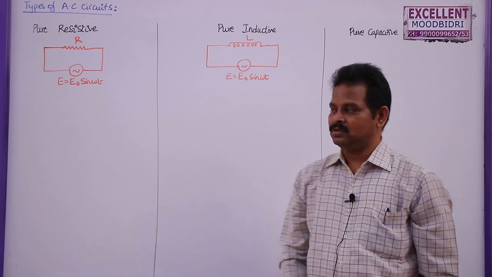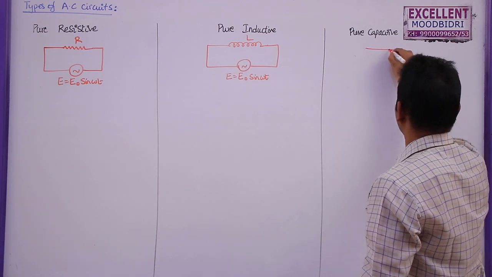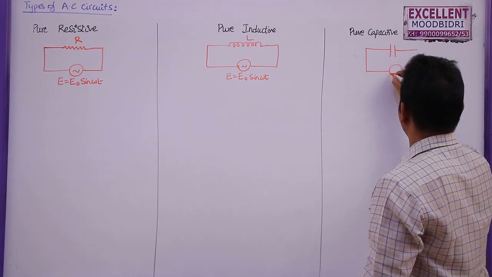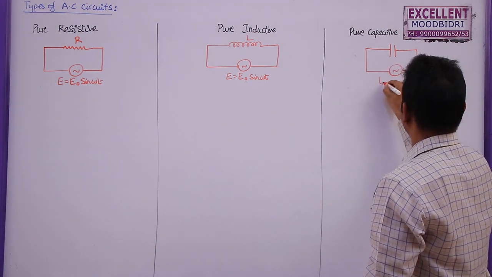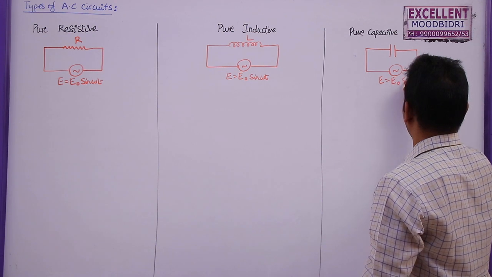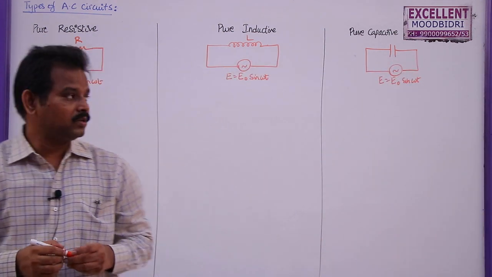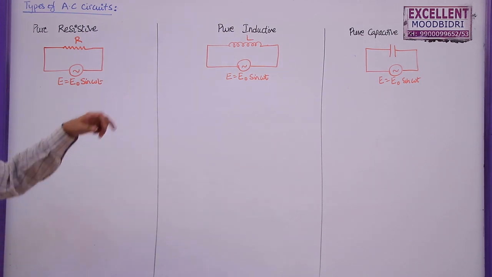In the third case, pure capacitive circuit, this is a capacitor and this is an AC source in which E is equal to E naught sin omega t. So for all these three, we are connecting an AC source of the same EMF.